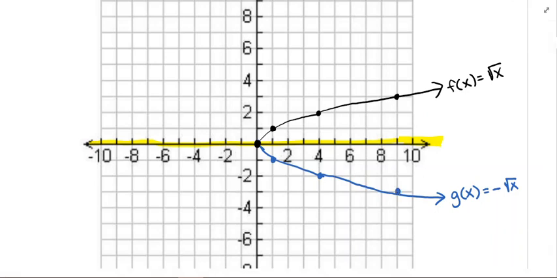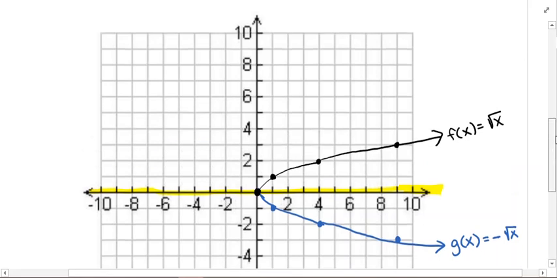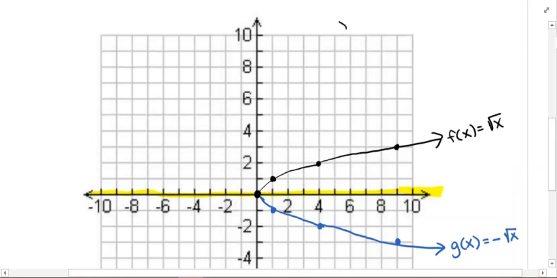This is very much tied to symmetry. If you think back to the symmetry rule for x-axis symmetry, if you start with a point (x, y), for x-axis symmetry, remember x would stay put and y would change signs. That's what is going on here. That's another way you can see that this is x-axis symmetry.